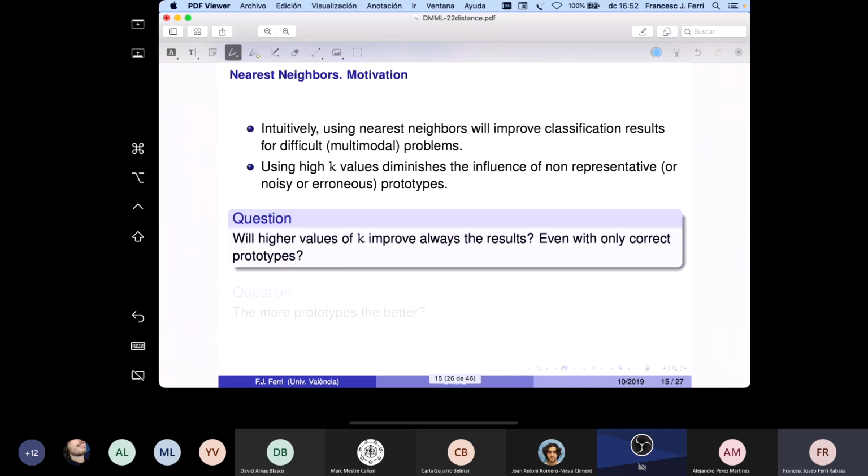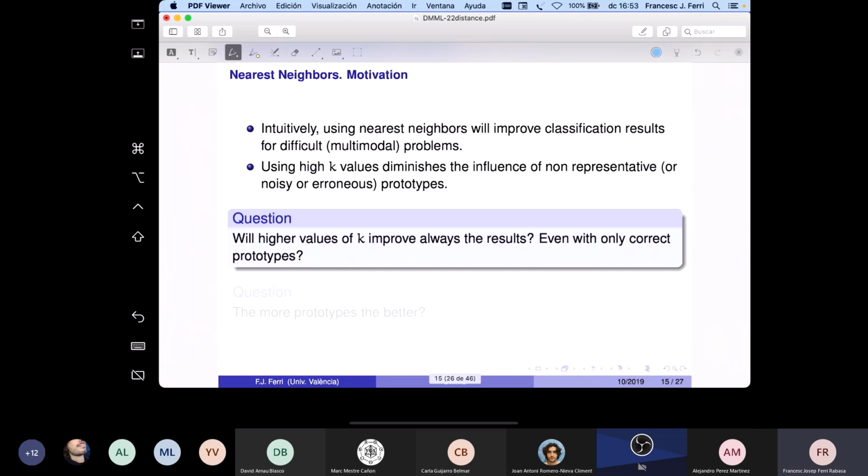And now the question: would this happen always? Imagine you have a problem, you have any number of examples, and you want to implement the K nearest neighbor rule.